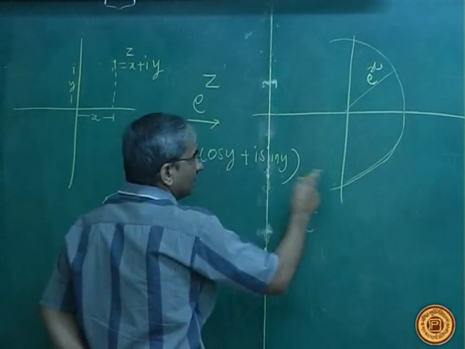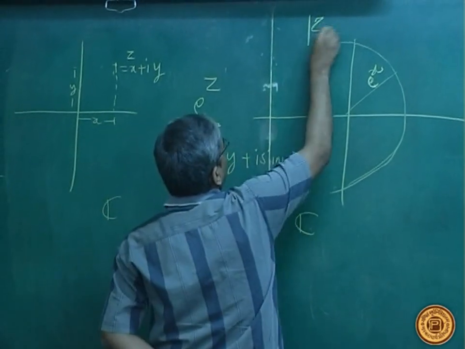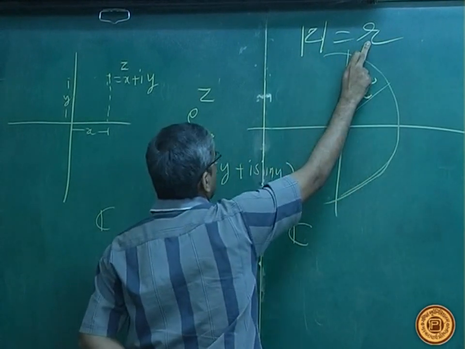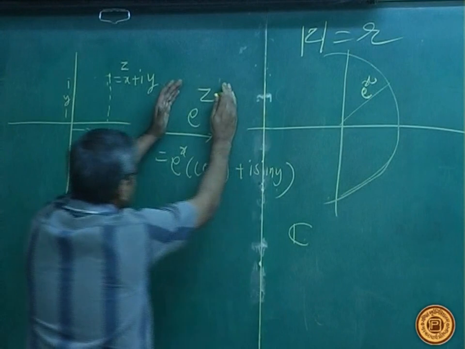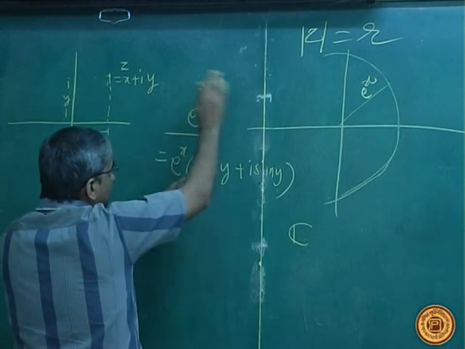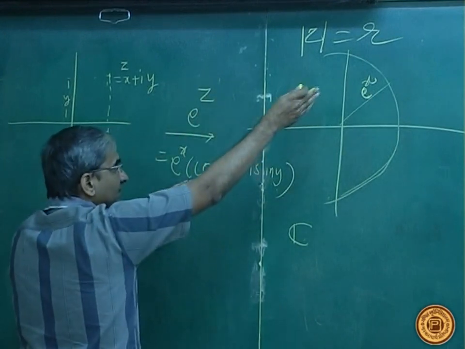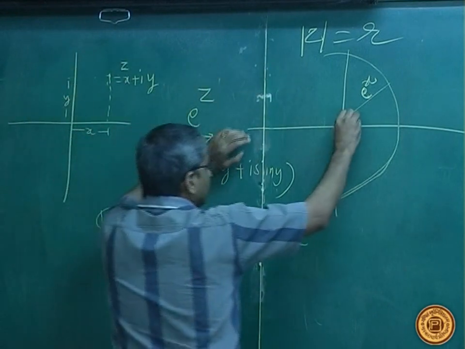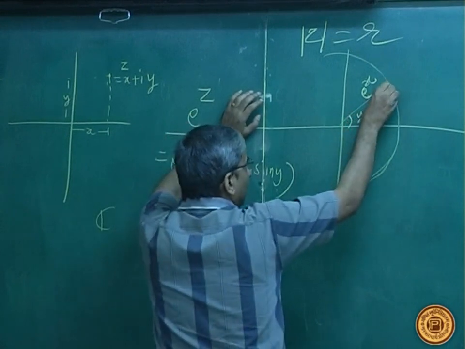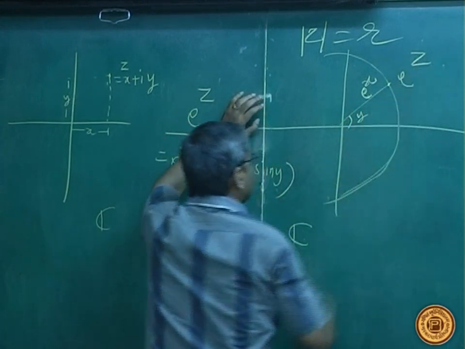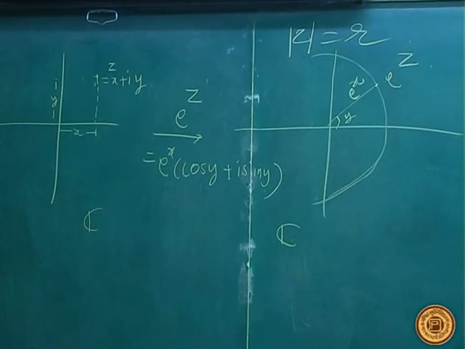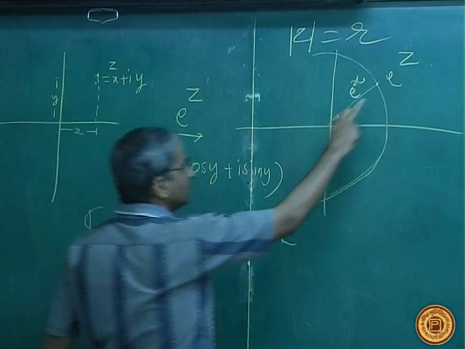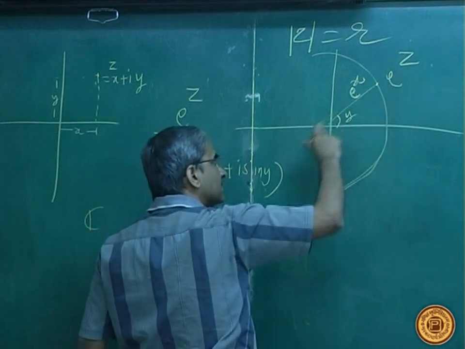Because mod z equal to r is a circle with center at 0 and radius r. But mod of e to the power z is e to the power x. So e to the power z will lie on the circle with center at origin and radius e to the power x. And then this angle is y. So this point is e to the power z because this point has modulus e to the power x.